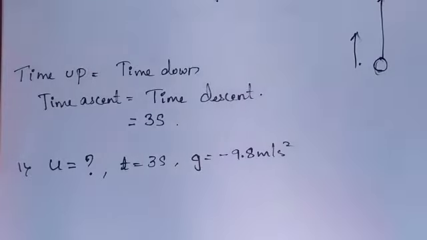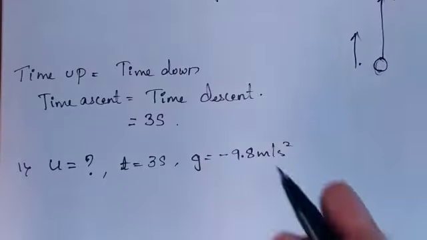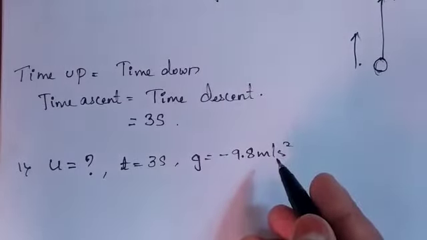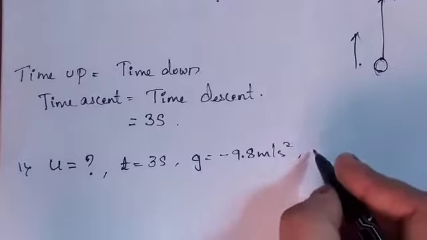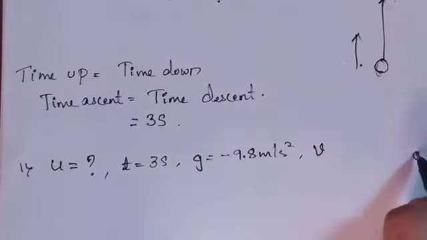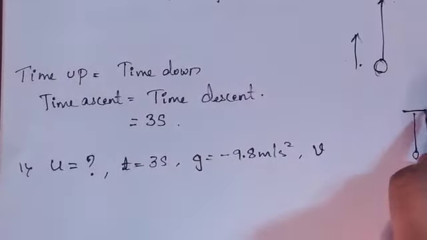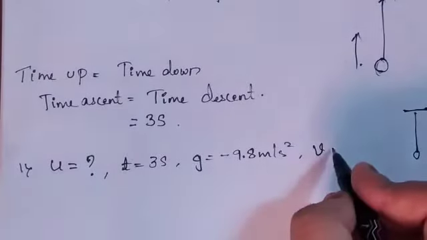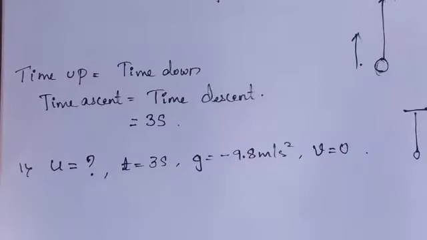So the ball we are throwing is against the gravitational force. Then what will happen to the V value? The ball will reach a certain height, and if it reaches that height, the velocity of that ball will become 0 in the case of free fall.